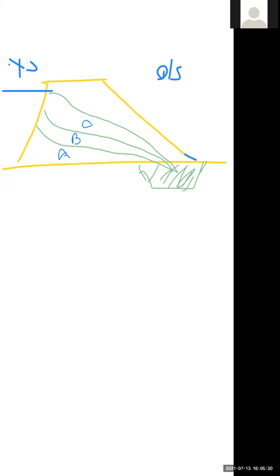This is the flow line, equipotential drop. So this line is the top flow line or phreatic line.